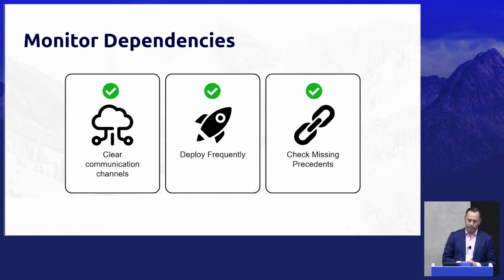Monitoring dependencies. So this one is a little more tricky. You want to have clear communication channels. With microservices, the same thing can happen: at some point, you lose track of all the different lines of communication between the different modules or APIs.